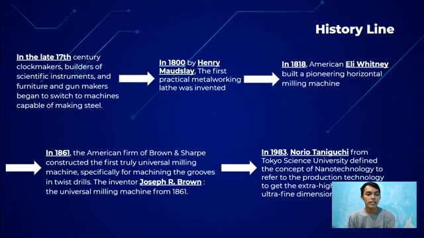In 1861, Joseph R. Brown invented the universal milling machine. And in 1983, Norio Taniguchi from Tokyo Science University defined the concept of nanotechnology to refer to production technology to get extra high accuracy and ultra fine dimension.